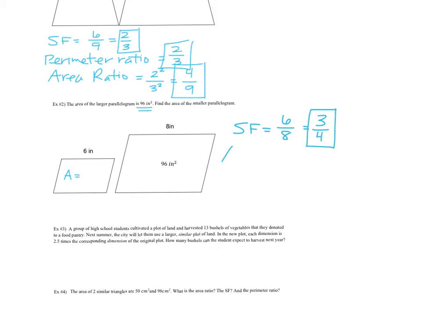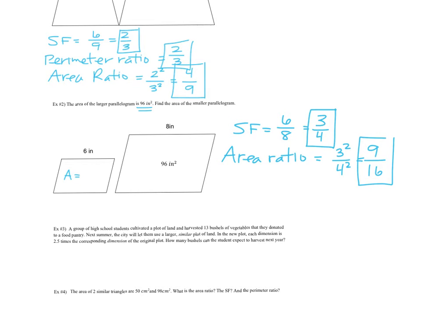What we need is the area ratio. And what is the area ratio? 3 squared to 4 squared, or 9 to 16, okay? Now, if you have already simplified the scale factor, you will never have to simplify the area ratio. Unless you're starting with area ratio, then you might have to simplify it, okay?